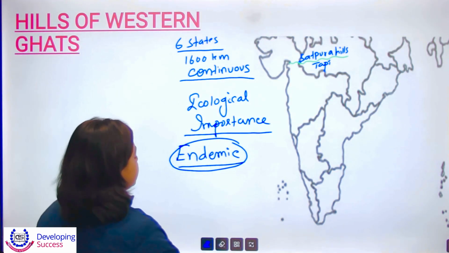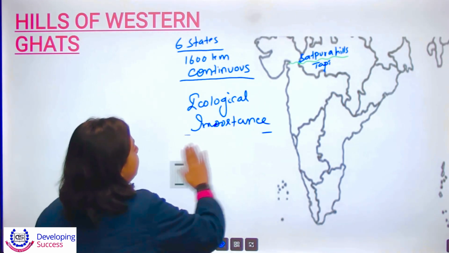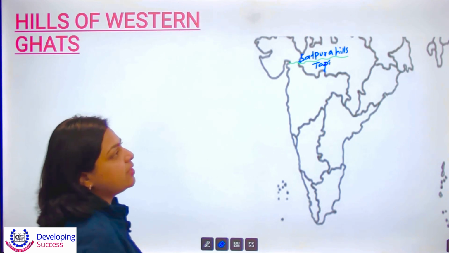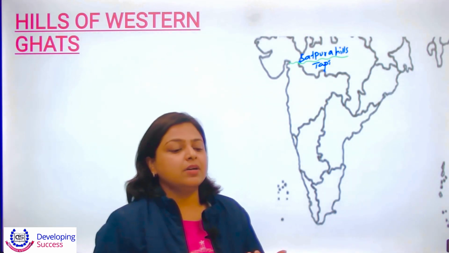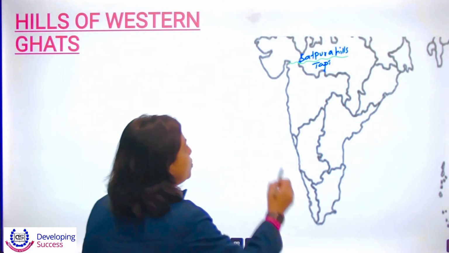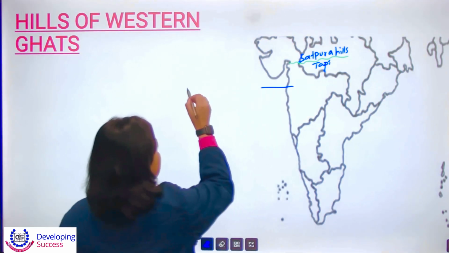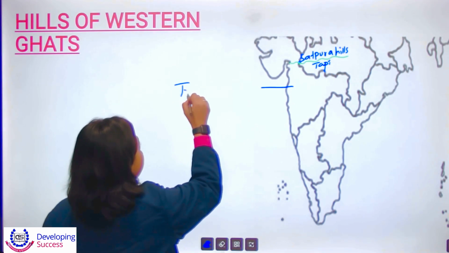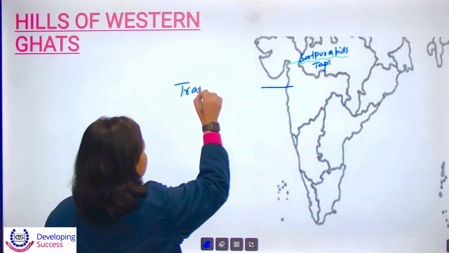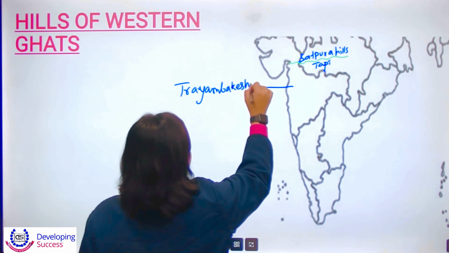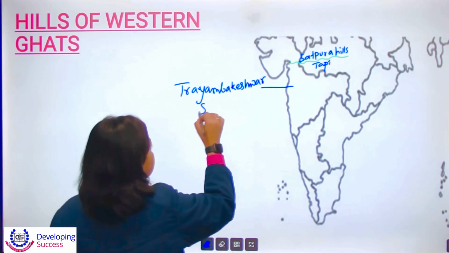Apart from this, I want to tell you many things about the hills of the Western Ghats. There are many hills in the Western Ghats. We start with the state of Maharashtra. In Maharashtra, we have hills like Trimbakeshwar, or you can call it the Satmala Hills.